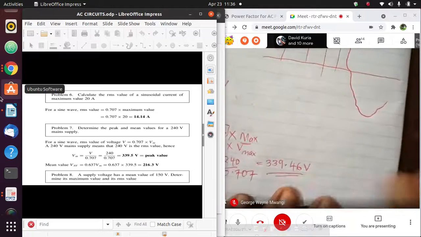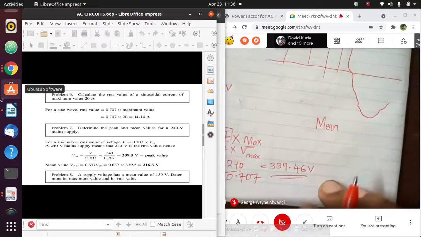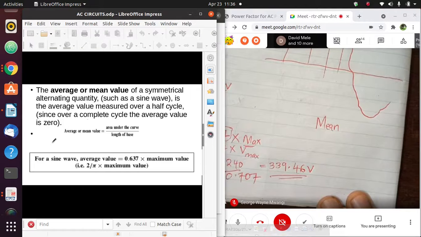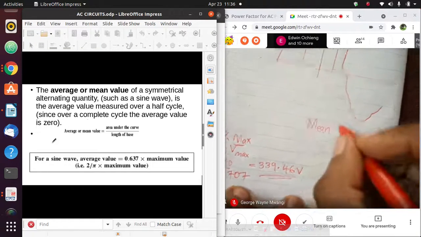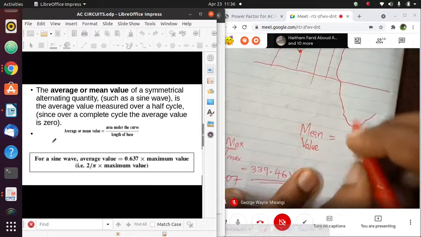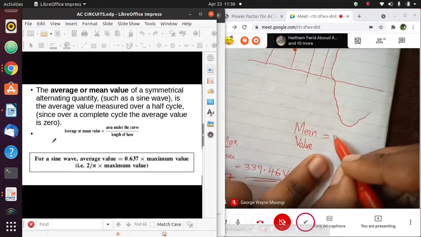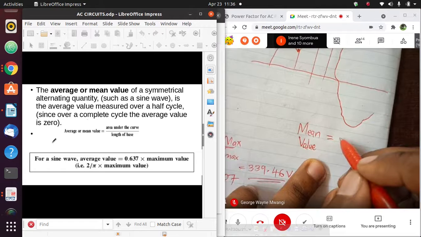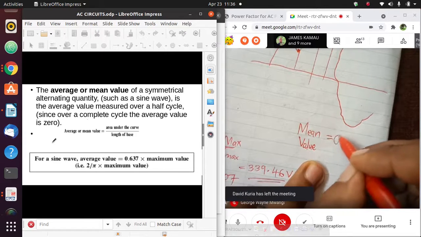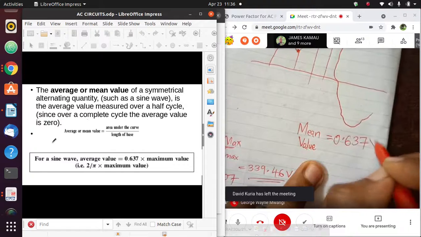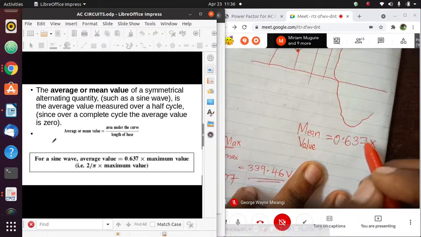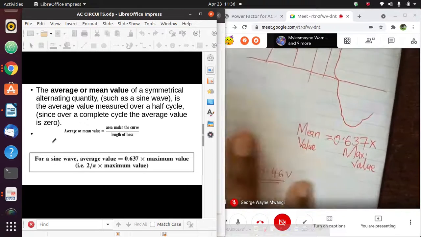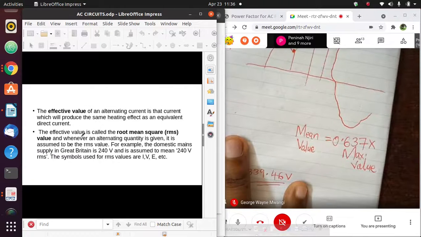Now the mean value. How do you find the mean value? Does anyone remember? The mean value is 0.637 times the maximum value.